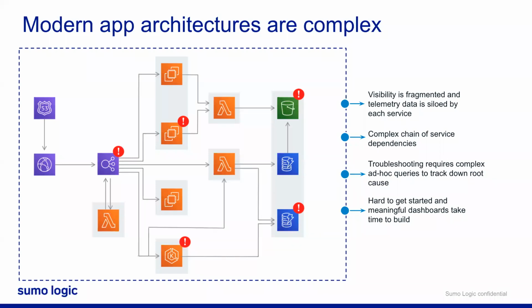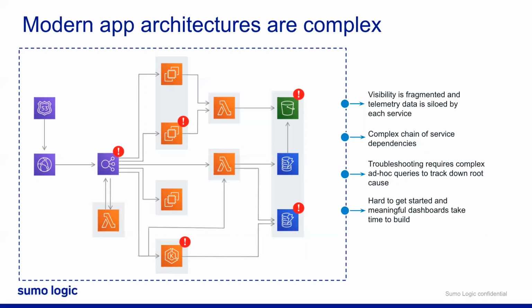You couple that with the fact that AWS services really allow you to create some really complex architectures. That causes a fragmented structure that becomes very difficult to isolate what the problem is and where the impacts are. That complex chain just causes all sorts of confusion. And when you couple that with the fact that these services many times are ephemeral, they will disappear and be reinstantiated in a different way.